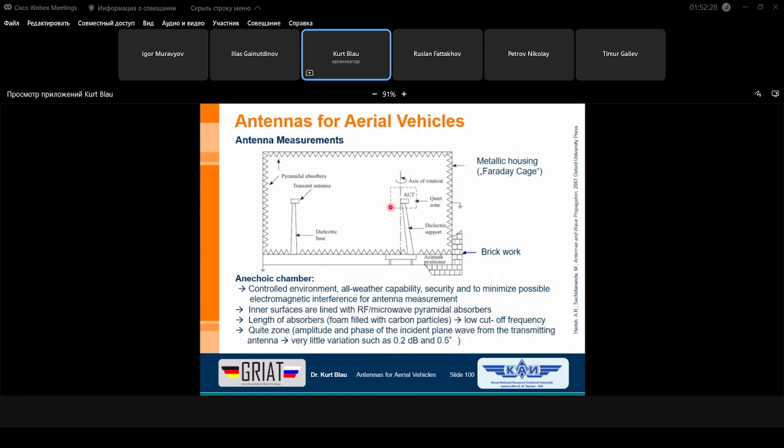For instance, from this point to this point you have a phase difference of 0.5 degree, and in parallel the magnitude change is only 0.2 dB. This is given as the error threshold to determine the quiet zone. If you go a little bit more inside, then these values are smaller. That means the measurement results are better than those coming from these values here.